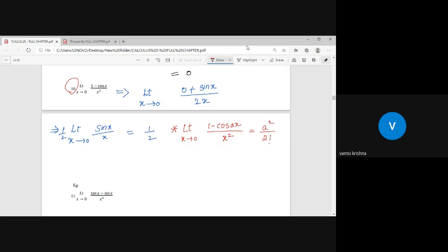That means in this question a is 1, so 1 by 2, 2 factorial means 2, answer 1 by 2. That's it.